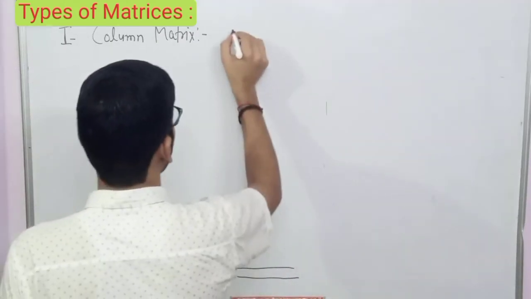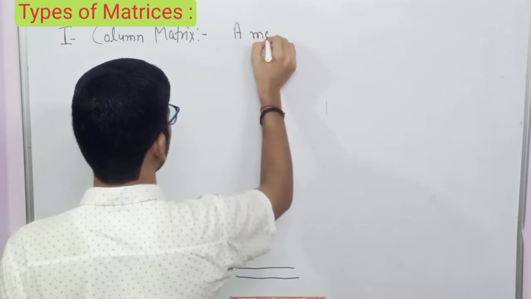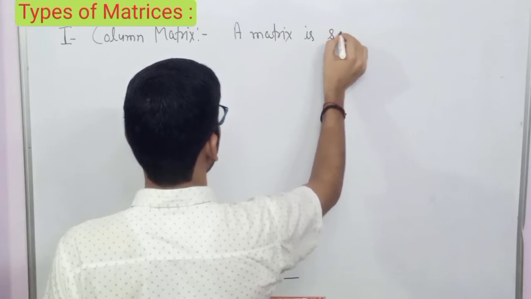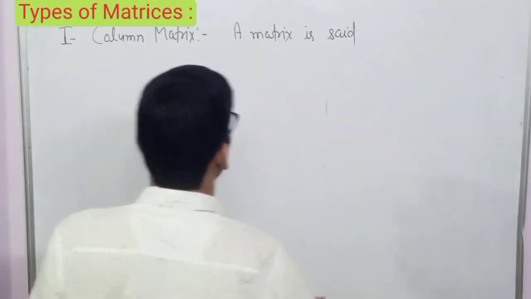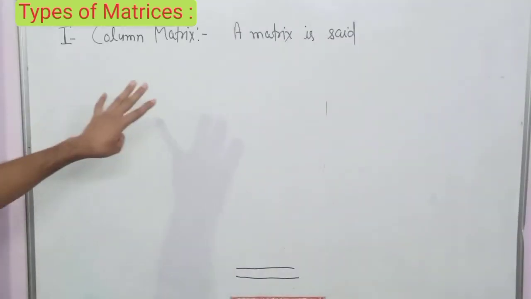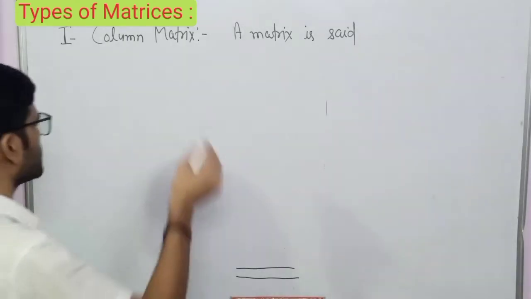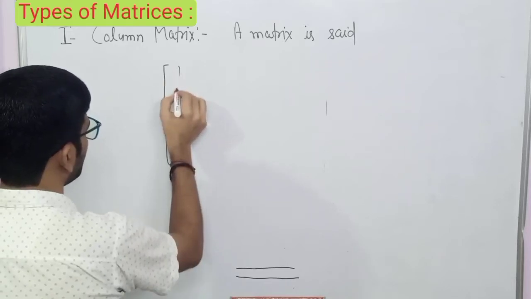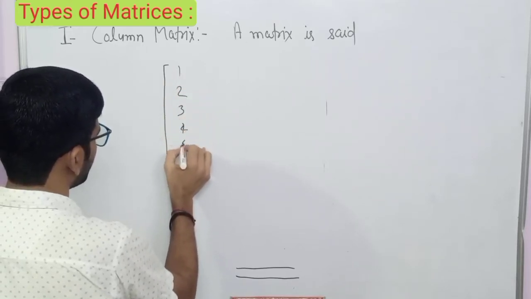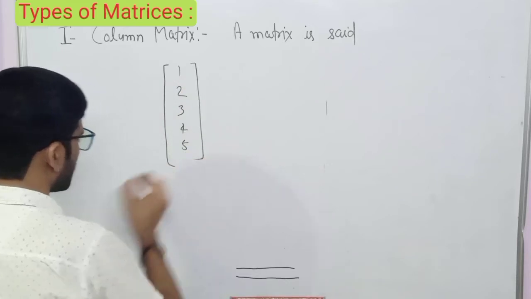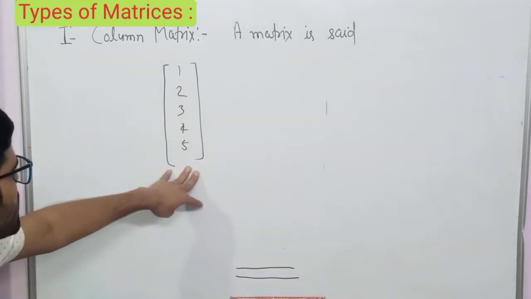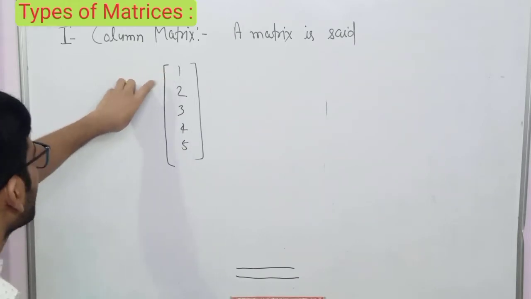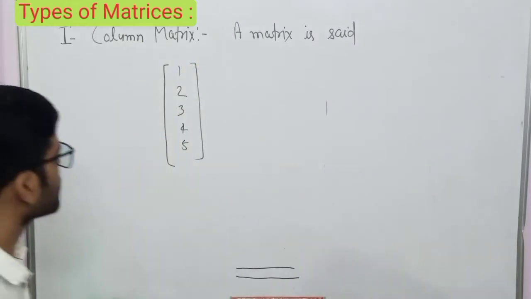A matrix is said to be a column matrix if it has only one column. You can write 1 2 3 4 5, okay? How many columns? Column is only one. So you can say a column matrix.